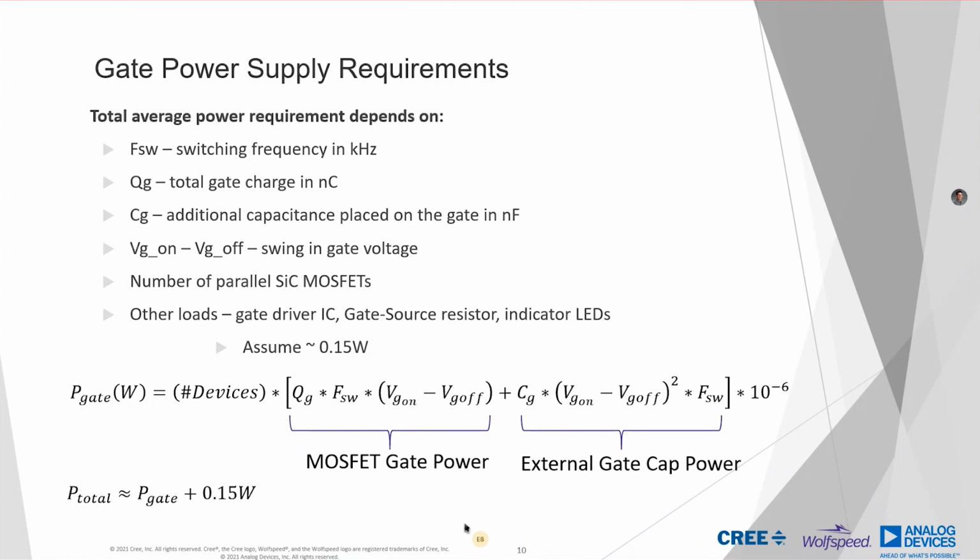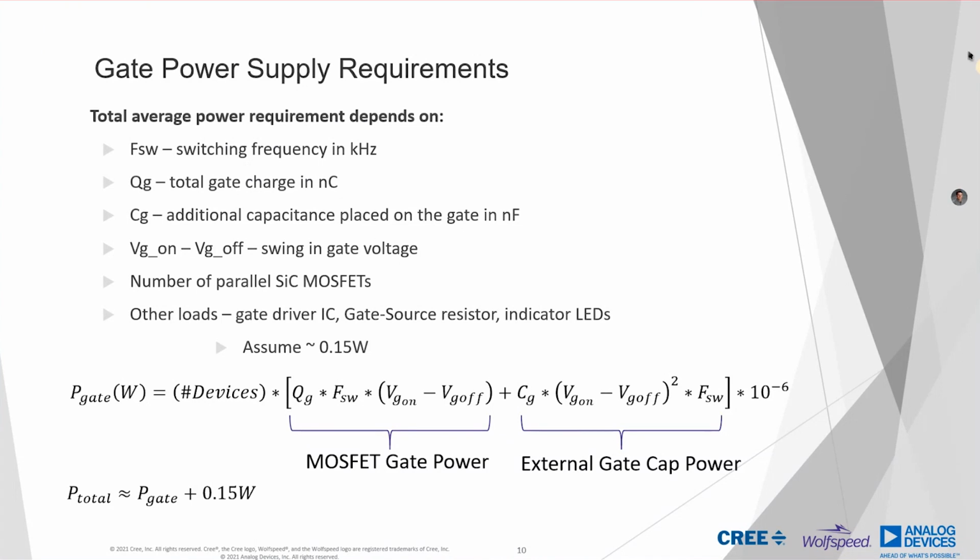We often will have a 1 nanofarad capacitor attached to the gate of our devices to help increase immunity to turn on transients and reduce some ringing. The total power also depends on the turn on to turn off voltage swing, so 18 to 19 volts in our case for the third generation parts.